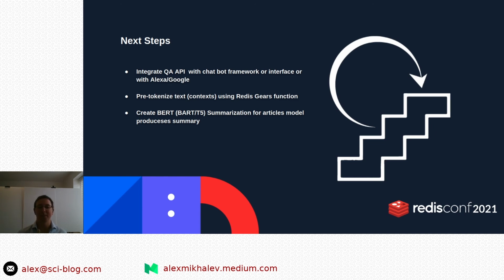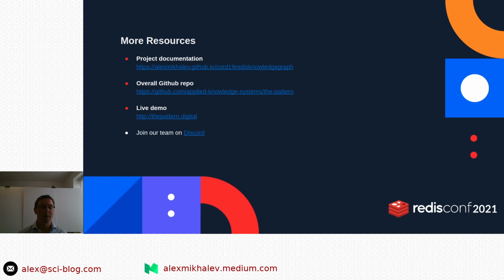That will be a really interesting research item because BERT and T5 models are really large, memory-consuming models, and making use of them in a productive setting where it produces results meaningful for the medical community will be a very interesting problem. More resources: project documentation is on the old link website because I put an effort into documenting the Redis hackathon. I haven't put as much effort into documenting this one.